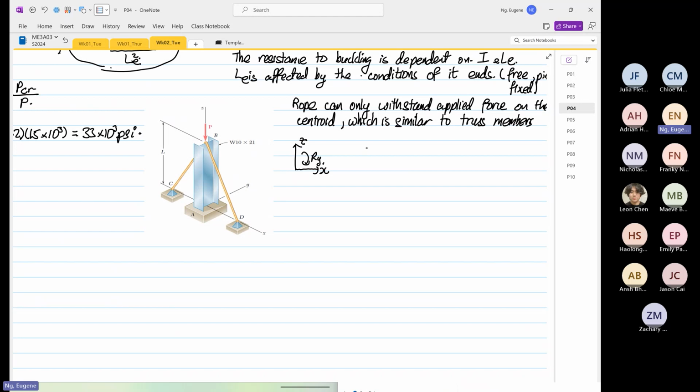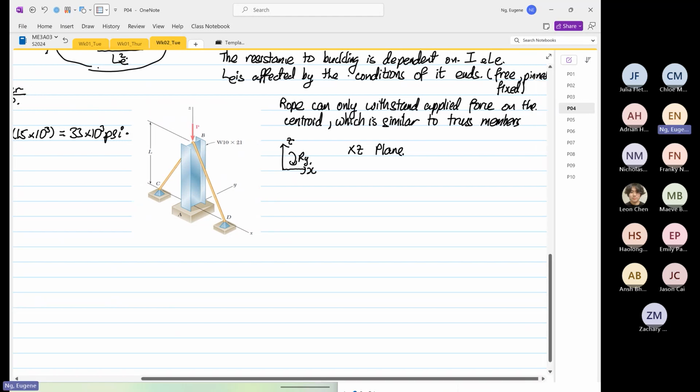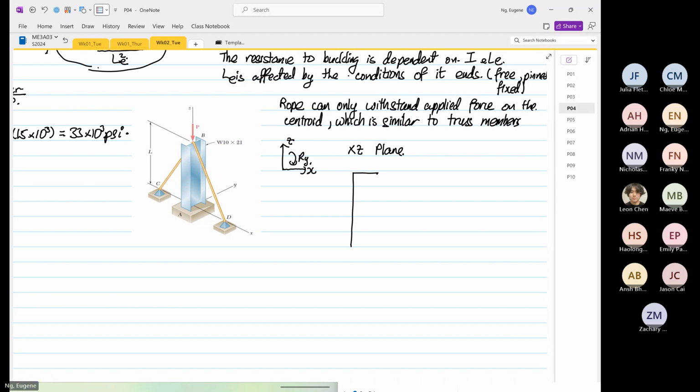So we are going to analyze the XZ plane. If we were to look at the rope now, right? So this is our structure, right? And then we have a hidden feature down here, right?